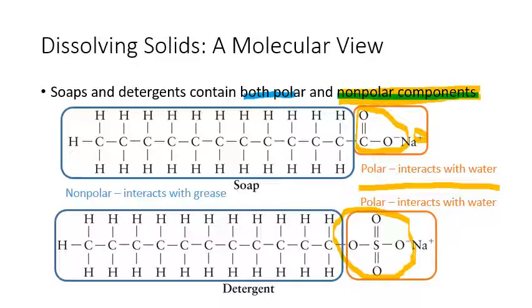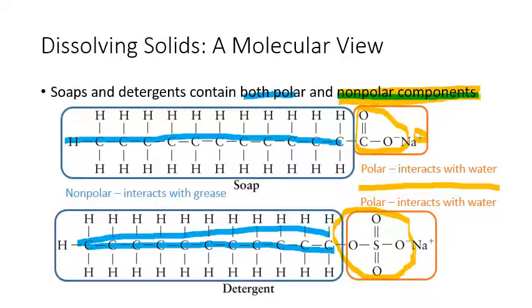But soaps also have a part that's non-interacting with water. It has this very non-polar region, just a bunch of carbons and hydrogens, nothing polar about this section over here. And because this section is non-polar, it's going to interact with other non-polar parts of other molecules, like grease.